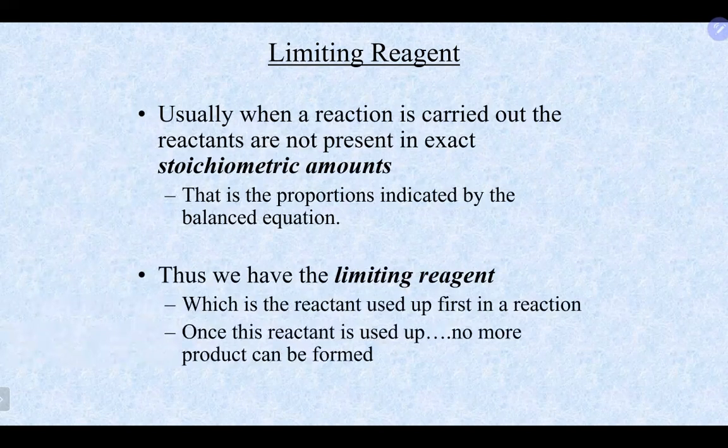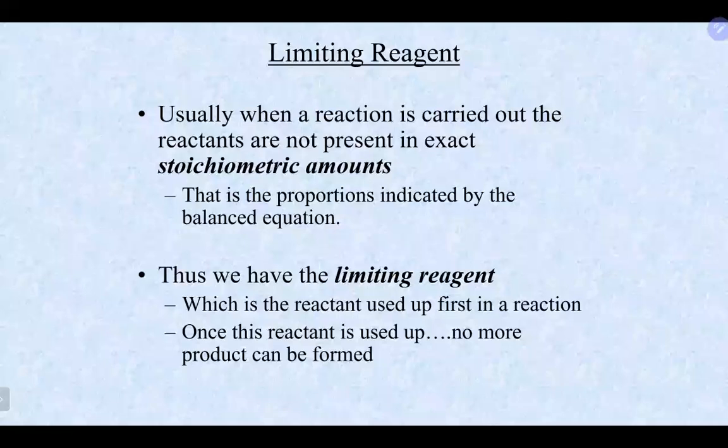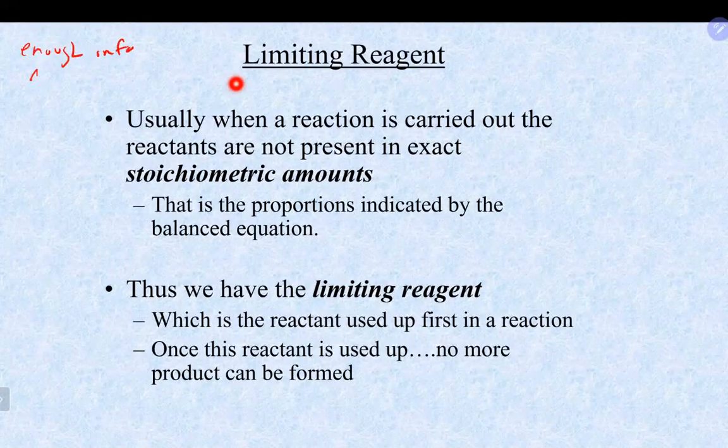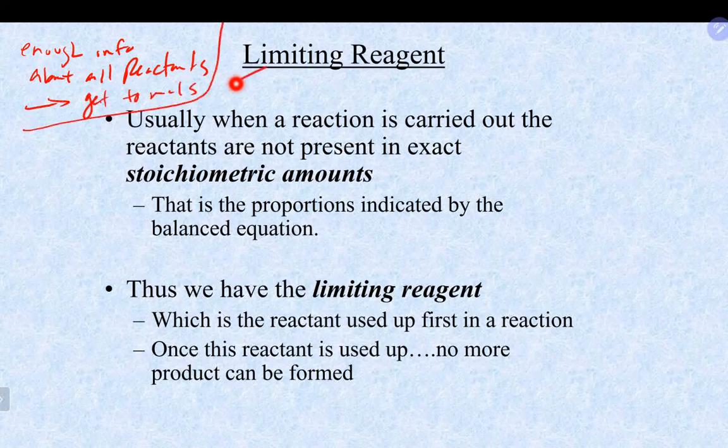How do you know if you really do have a limiting reagent problem? You need to take that extra step to determine the limiting reagent. And it's really based on the information that's given to you. So if you are given enough information about all the reactants that you basically could get 2 moles, that for sure is a limiting reagent problem.